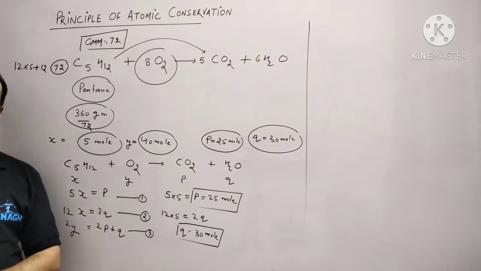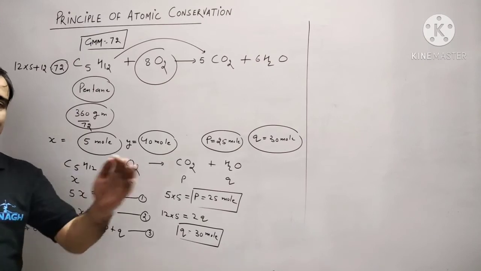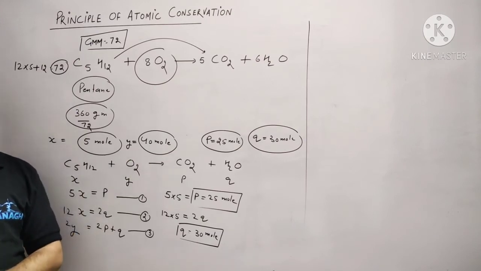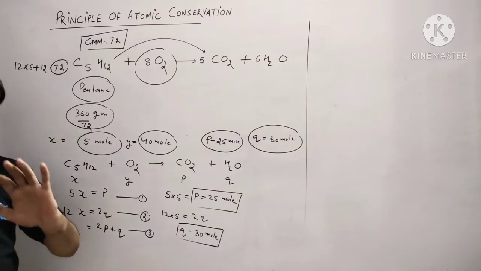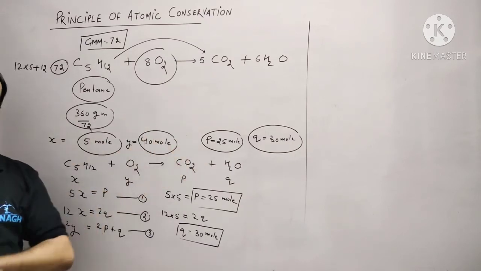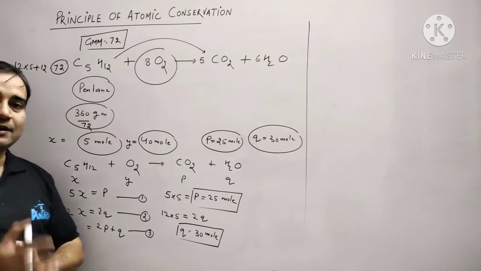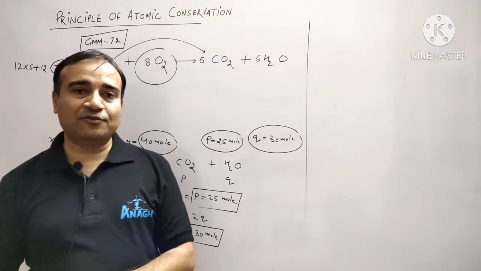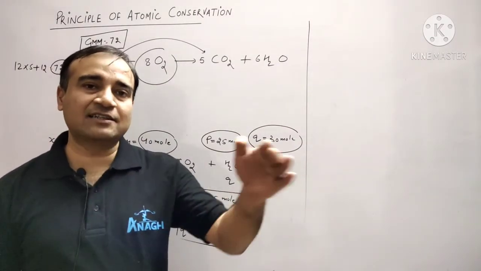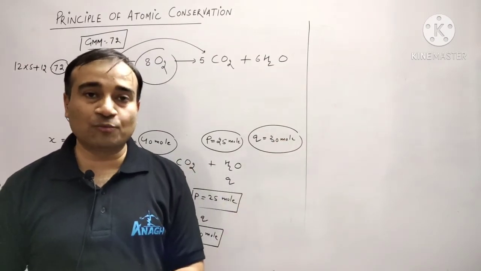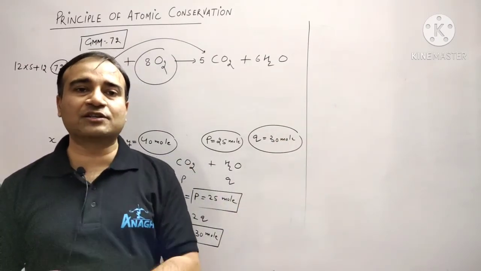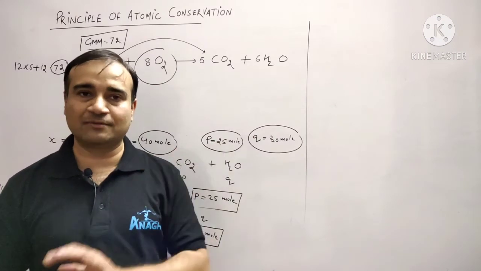But POAC has an extra edge in comparison with stoichiometry calculations. You will think how POAC is more useful than that of stoichiometry calculation. I will tell you, if a sequential reaction is given to you, you must know the stoichiometric coefficients of all reactants and products.